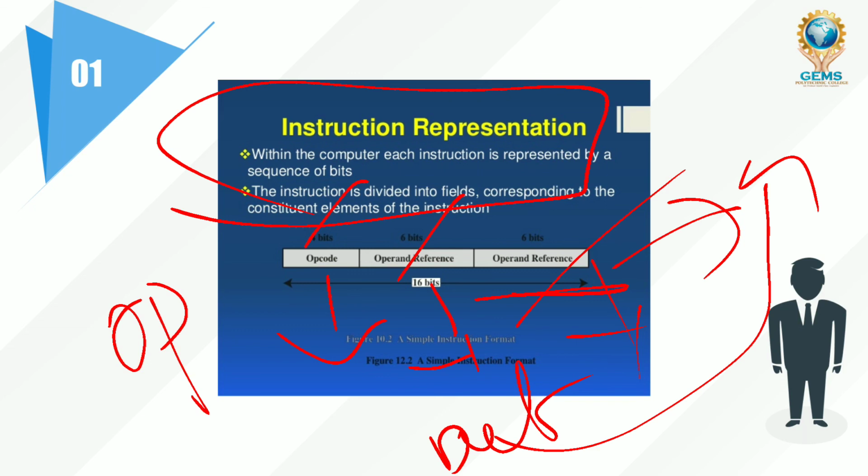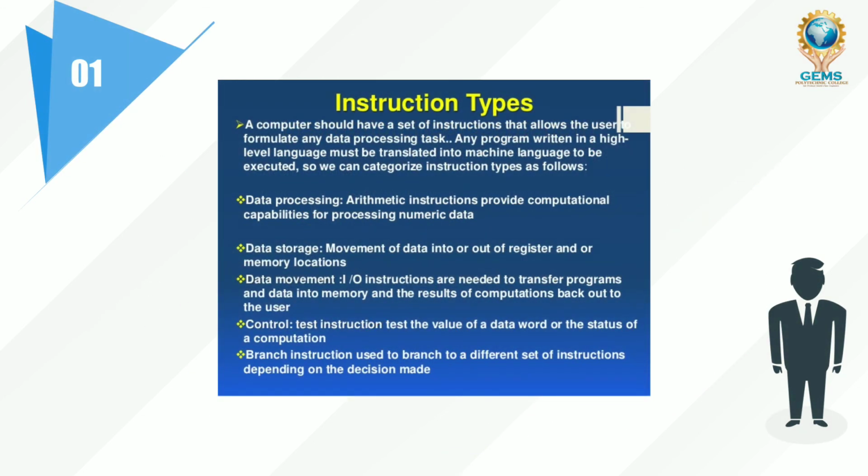For students, this is the instruction representation, how it was classified into 3 different types, and how we use those classified instruction formats in computer organization and architecture. So many instruction types exist, especially we have seen 3 types: the memory reference instruction, the register reference instruction, and the last one, IO, input output.